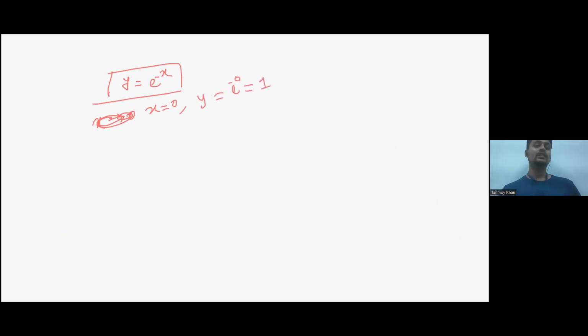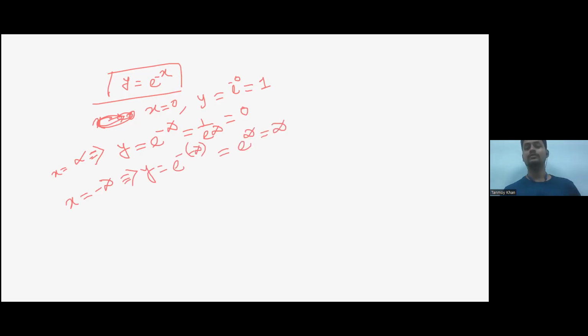Now at x is equal to infinity, y is e to the power minus infinity. So how will the function look?